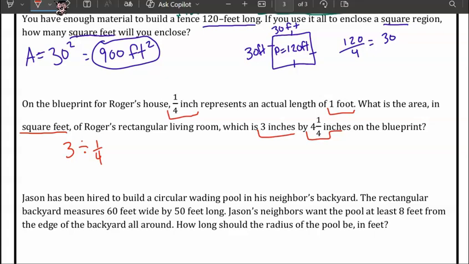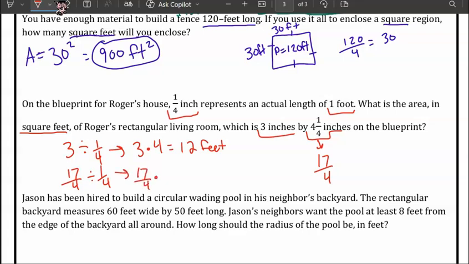3 divided by 1/4 would be the same thing as 3 times 4. That's equal to 12 feet. And then if we change this to an improper fraction, that's 16 plus 1, 17 over 4. 17 over 4 divided by 1/4 would be 17 over 4 times 4.